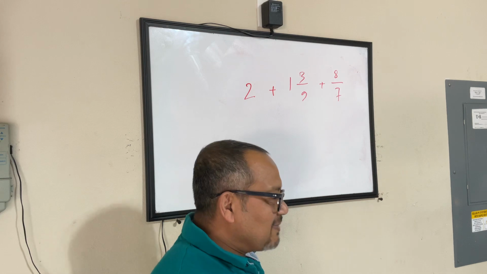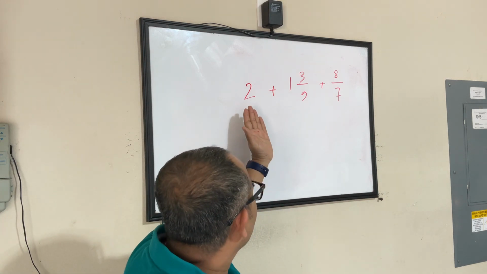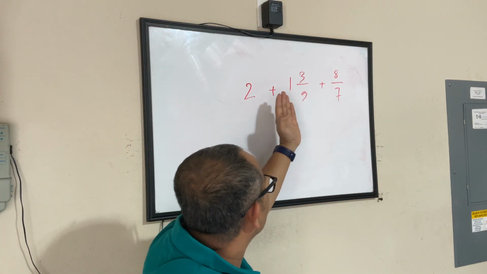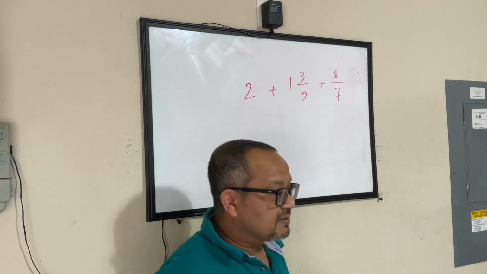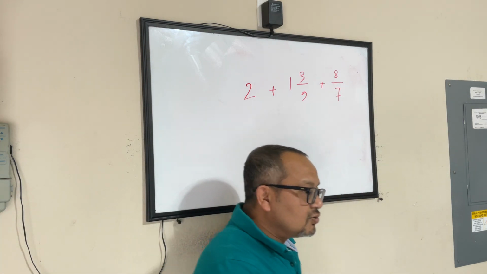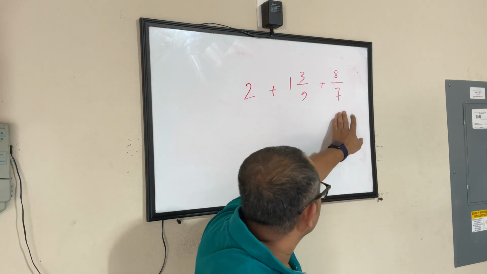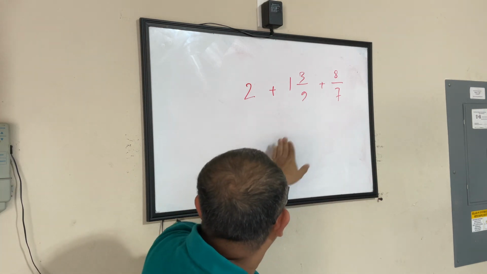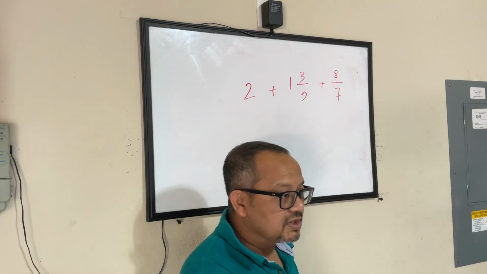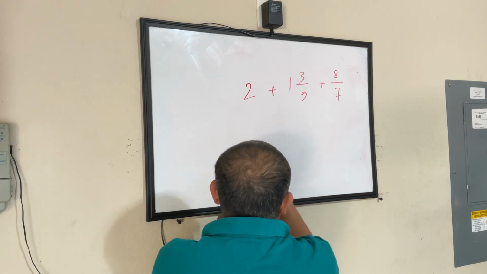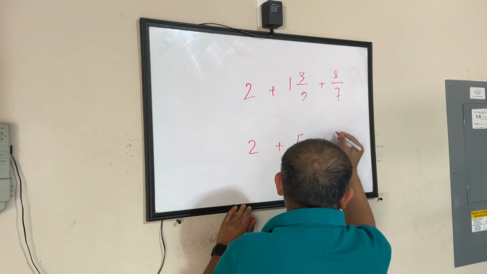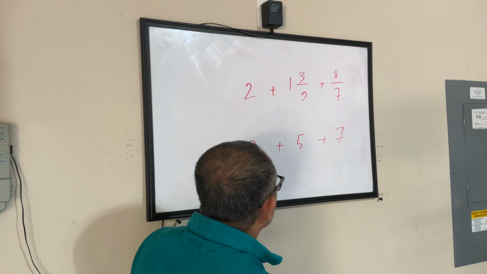Now, coming back to this one. If I have to add 2 plus 1 3rd by 9 and plus 8 by 7, it doesn't look fun. I have a fraction here, a mixed number here, a whole number here. If somebody told me to add 2 plus 5 plus 7, I can add it, it's easy.